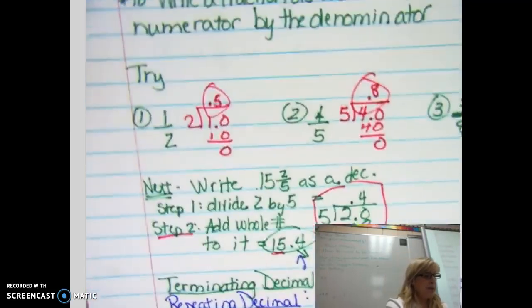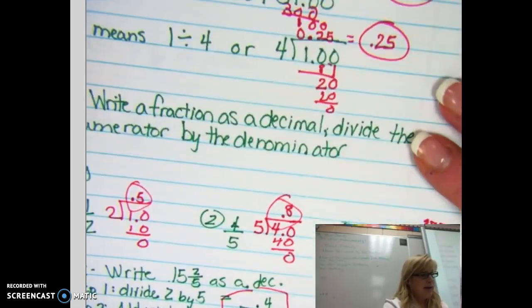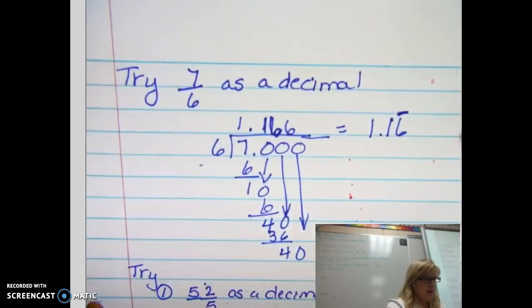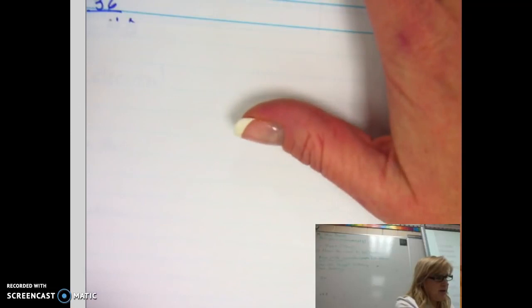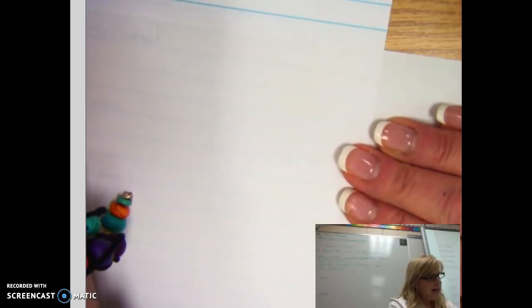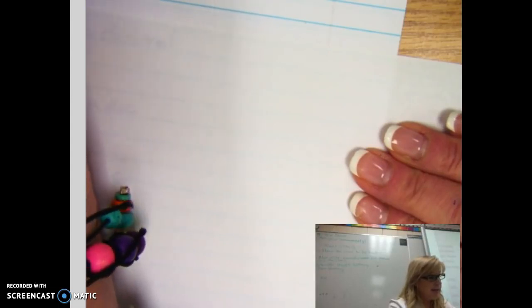So as we go through, we're going to try 7/6 as a decimal. Let me bring this up. And I've done the arithmetic, or the division, below here. What I did was I said, okay, what is 7 divided by 6? And this time 6 does go into 7 one time. 1 times 6 is 6. There's your 1.